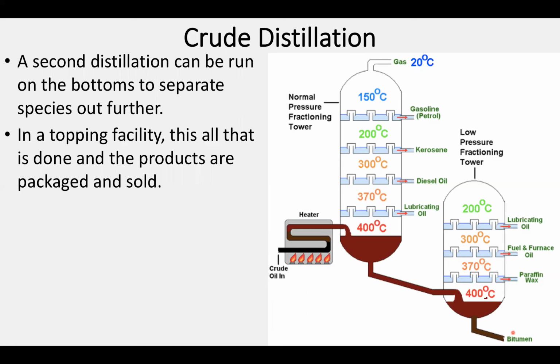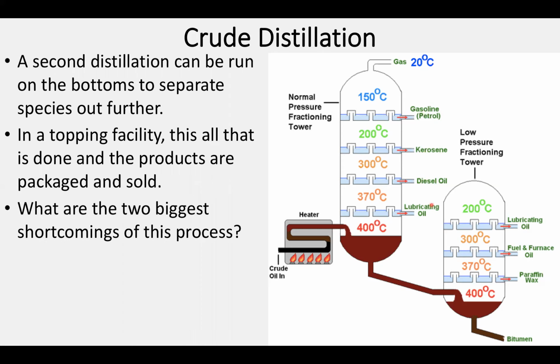Now, when you put these two distillation columns together, this is pretty much the simplest form of oil processing that you'll find at a refinery. And this type of plant would be called a topping facility. So you separate it out twice, you package up the individual components and sell them. Now, this process tends to have two very big shortcomings.